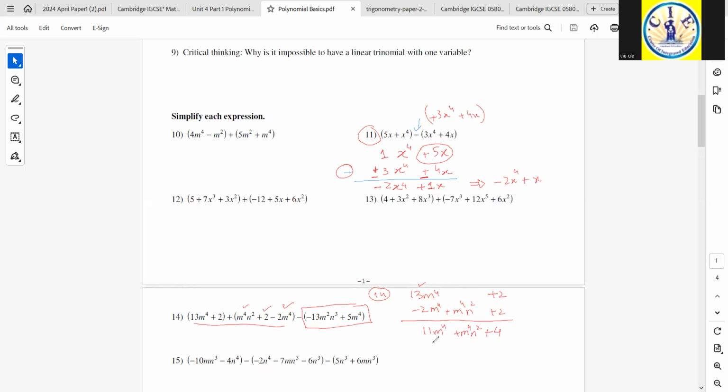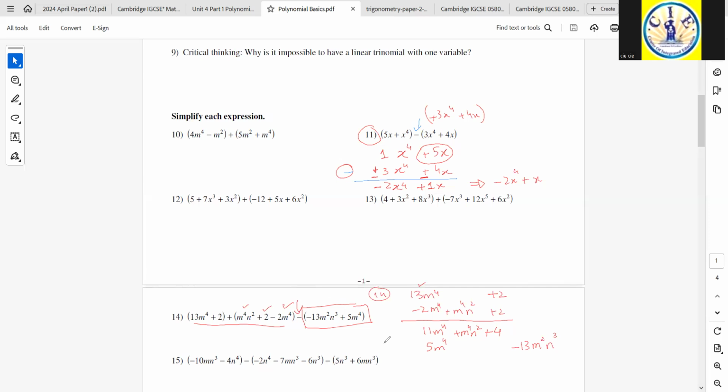So this is 5m raised to the power 4, then negative 13m squared n cubed. Now since I need to subtract it, and I told you that when we are subtracting, the signs of the polynomial that is being subtracted get changed.